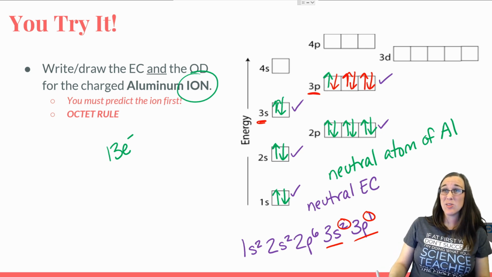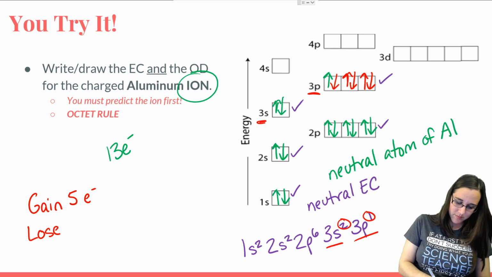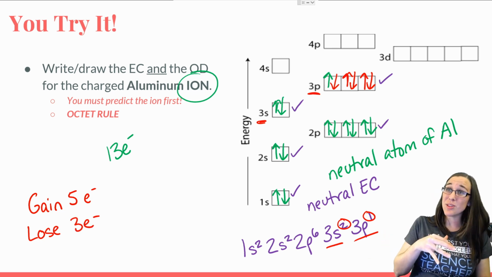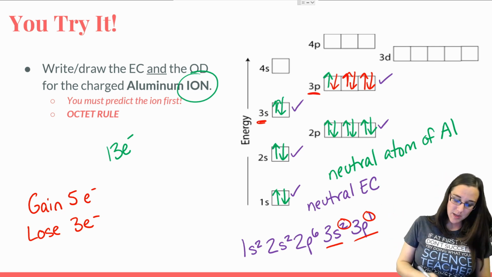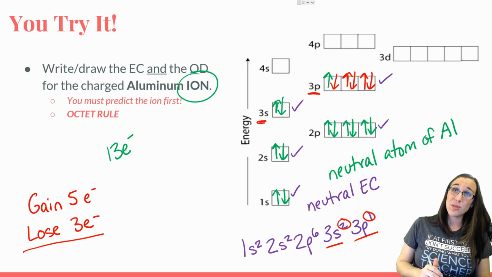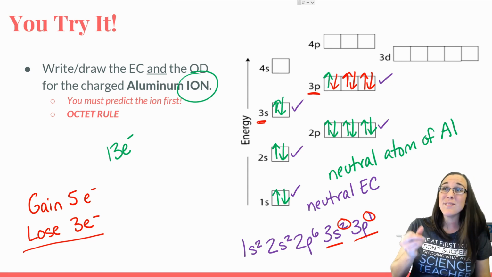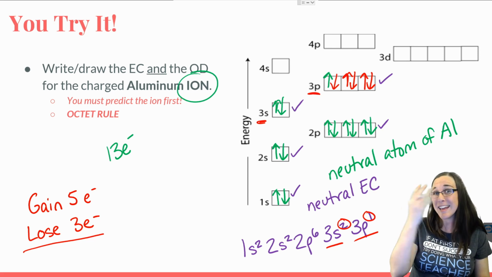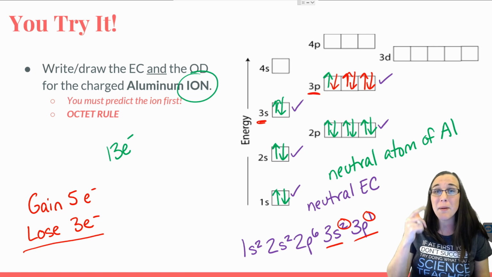So the idea is either I'm gaining 5 electrons or I'm losing 3 electrons. It's a lot easier to lose the 3 than gain 5 to have a full octet. Since we are going to prefer losing 3, it's going to take the path of least resistance. Losing 3 negatively charged things, just like if you were upset about 3 things in your life, you were a negative of 3, you lose those 3 negative things that are bothering you, you become positive 3.